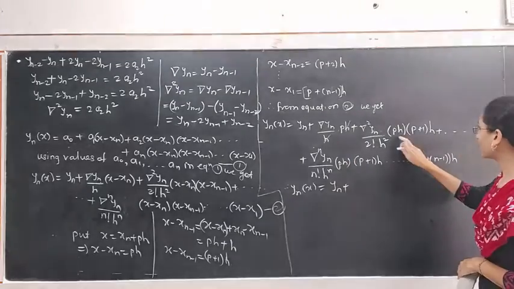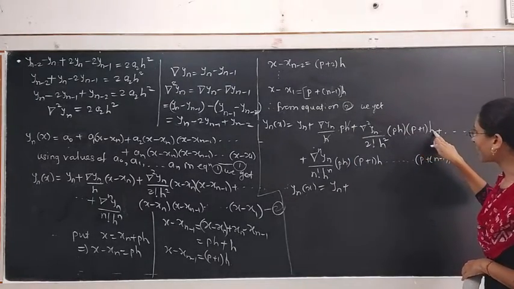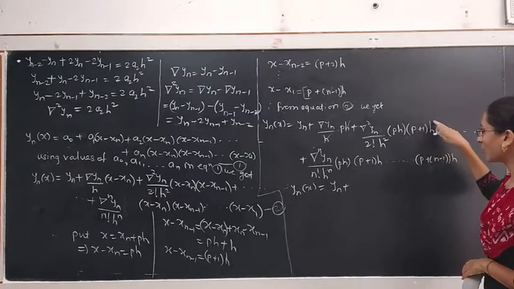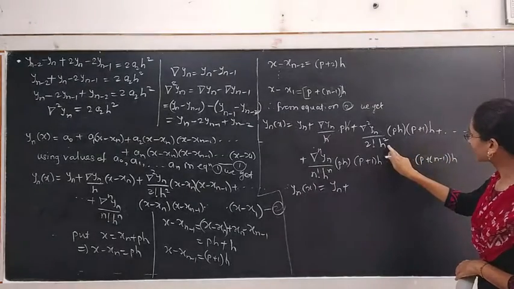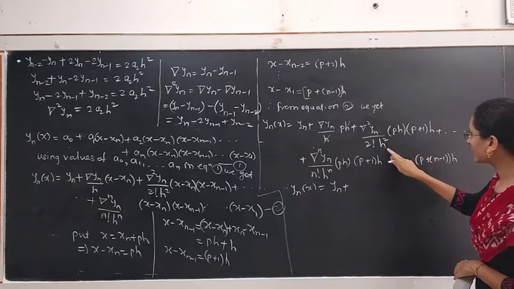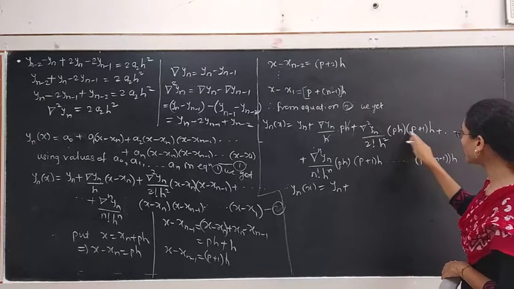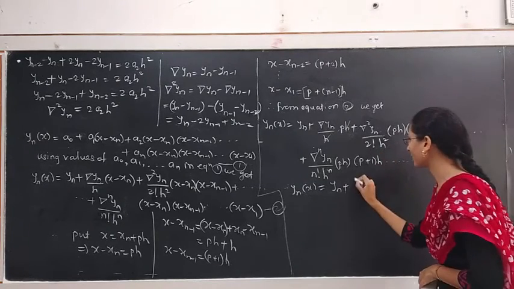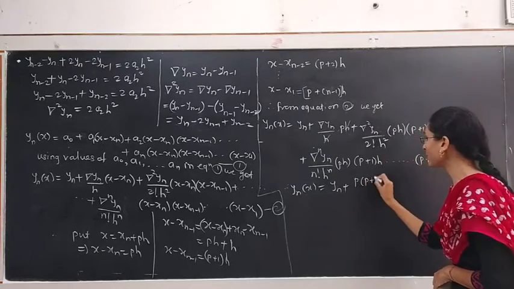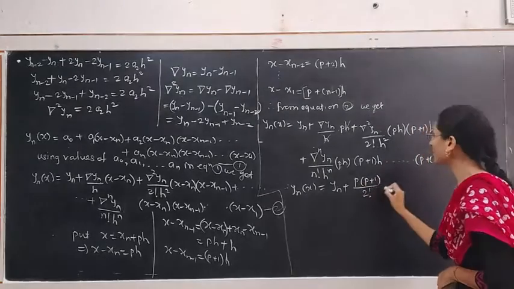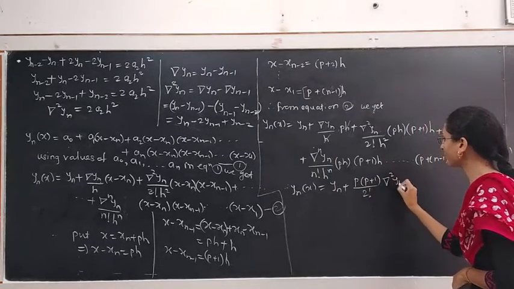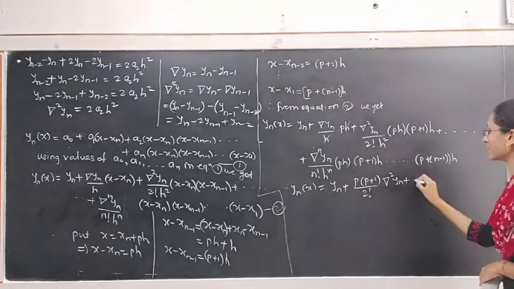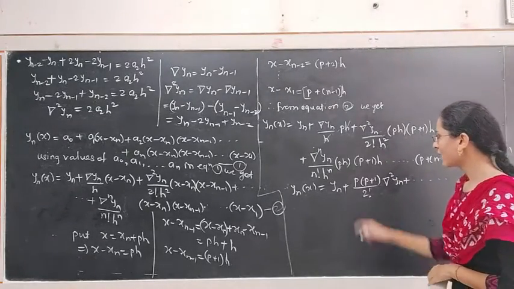In the third term, the total power of h is 2 in the numerator, so it is cancelled with the h square in the denominator. What remains? p into (p plus 1) upon 2 factorial del square yn, plus the last term is c.